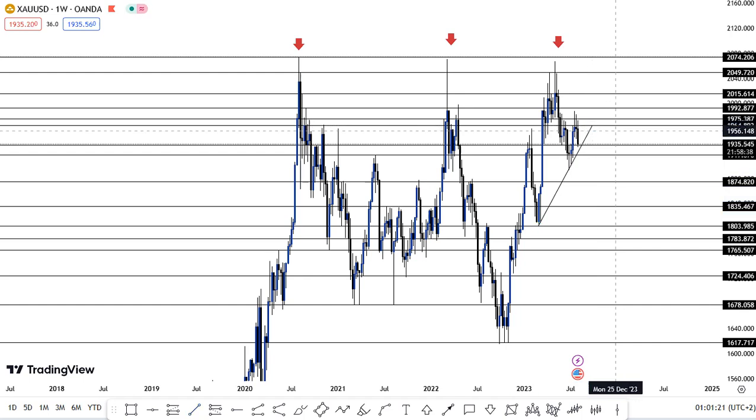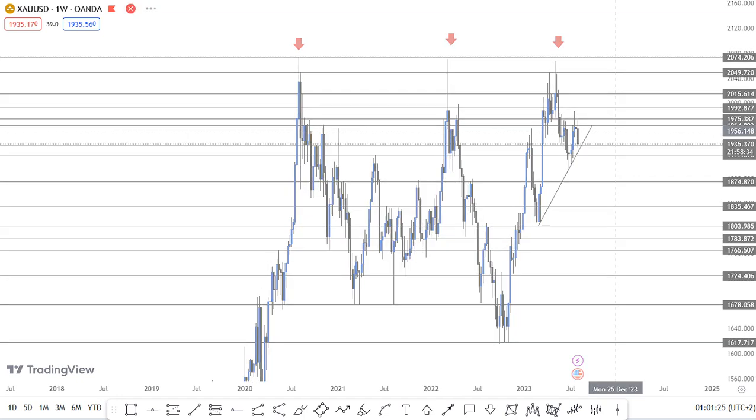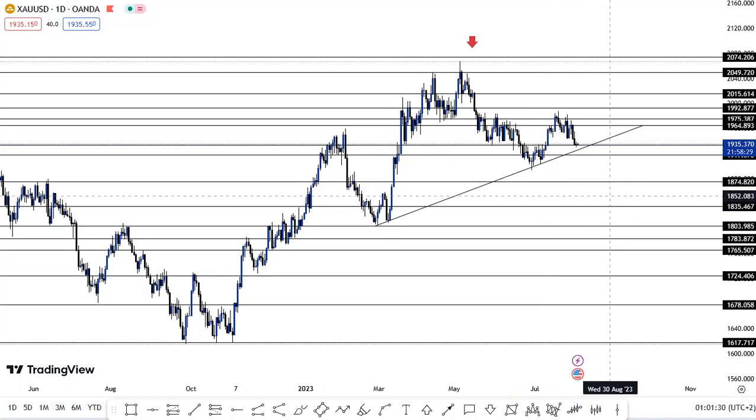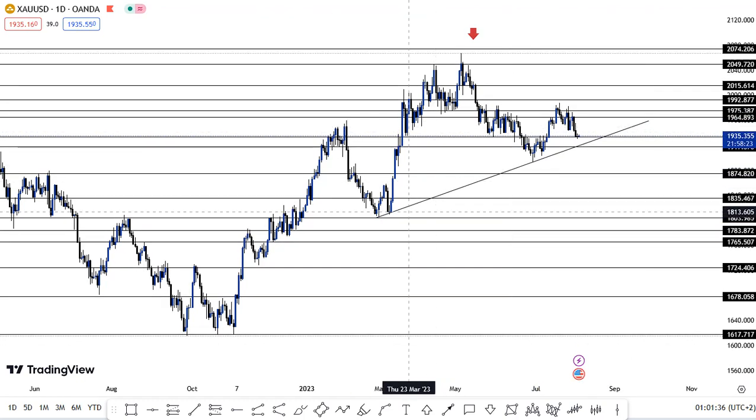So let me go to the daily time frame. If we break this level here, gold is going to be in trouble. It will be in trouble.